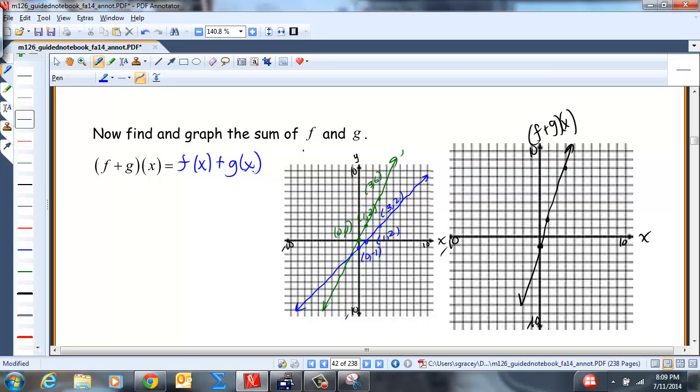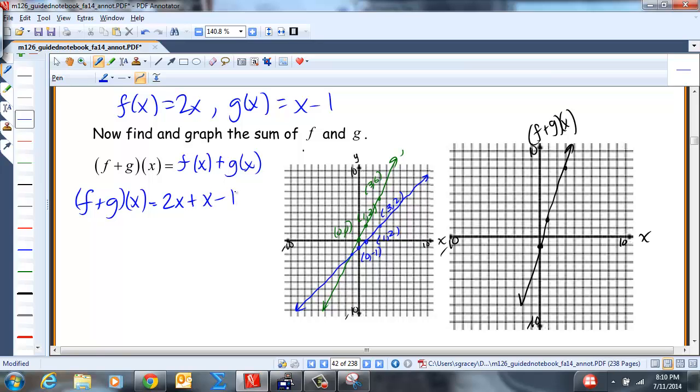So if you recall what the functions were, f at x was 2x and g at x was x minus 1, we would have f plus g at x is 2x plus x minus 1.